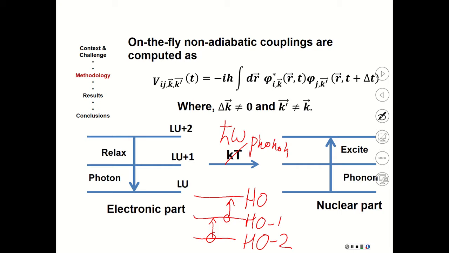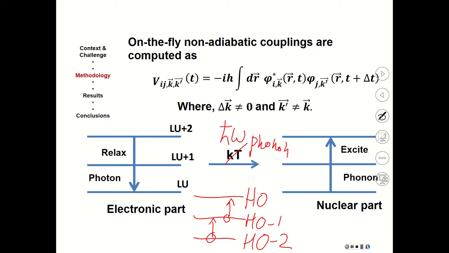Since the electronic system is in a thermal bath, or a distribution, transitions and emissions of phonons of different frequencies are possible.